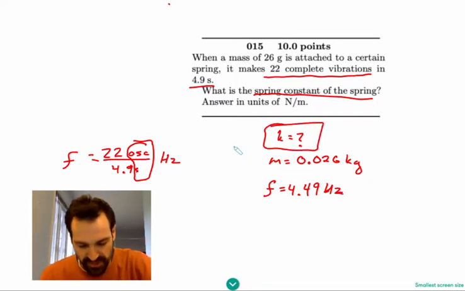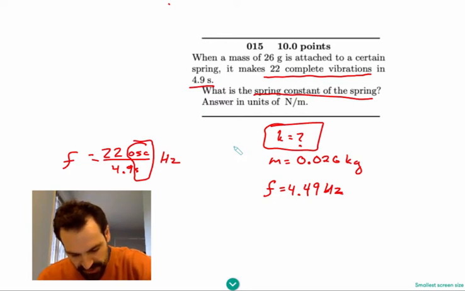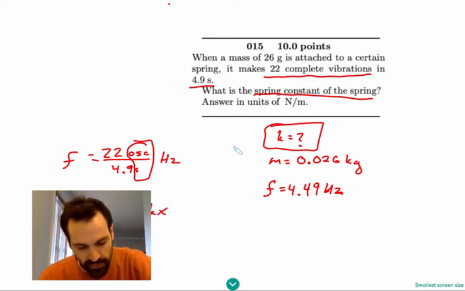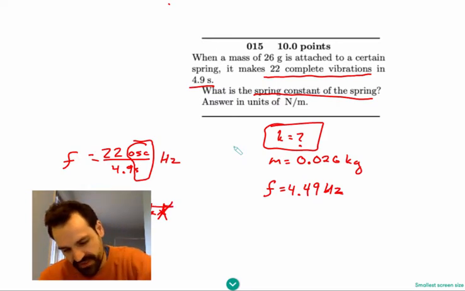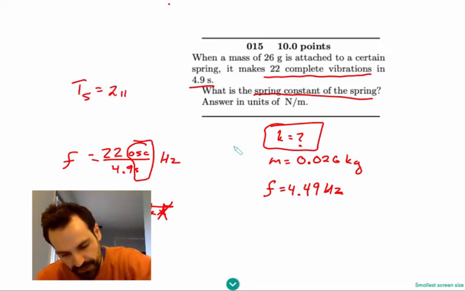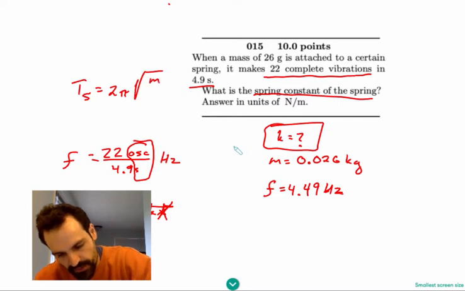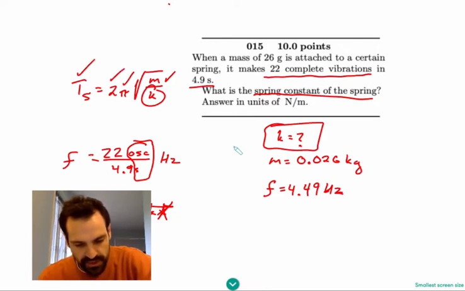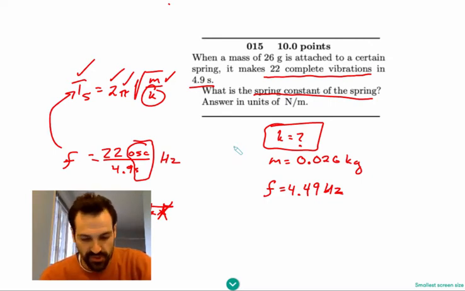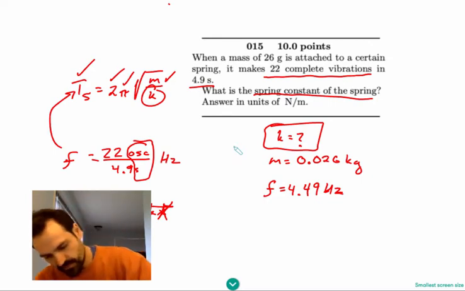I need an equation with spring constant. We have Fk equals kx, that exists, but we don't have the position, we don't have the force, which means that equation is out. So my next thought is, well, what about the period of a spring? 2 pi root m over k. We know mass, we're trying to find spring constant, we know pi, we know 2, and we can find the period because it's the inverse of the frequency. So we're going with that equation.